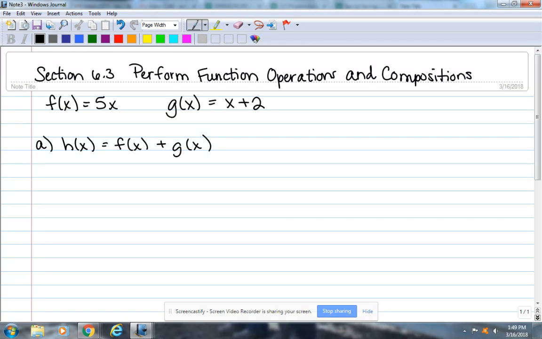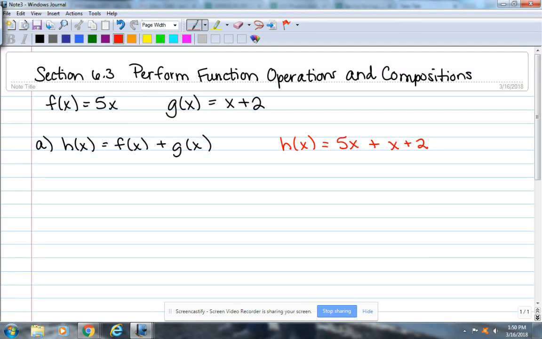So the way we find f of x plus g of x, we call it h of x. That's what its name is going to be. We're going to take f of x and we're going to write it down. F of x equals 5x. And then I'm going to add it to g of x. So I'm going to say 5x plus x plus 2. Here's my f of x.